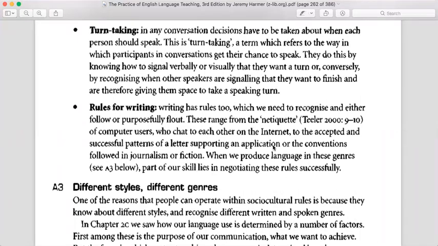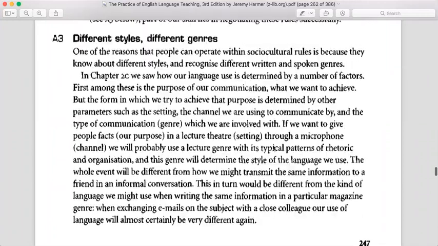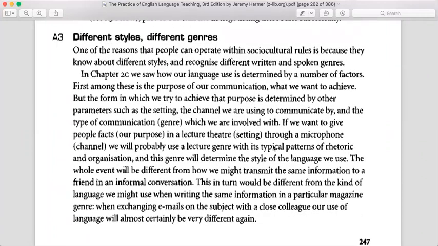Okay, so let's come to different styles and different genres. This basically comes in sociocultural rules, that there can be different styles, and there can be different written and spoken genres.